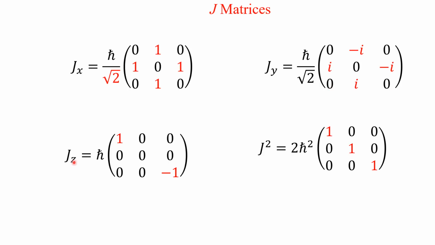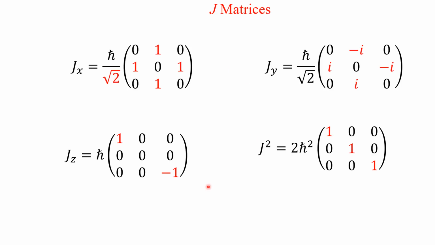Similarly, Jz we have seen is h cross into 1 0 0, 0 0 0, 0 0 minus 1. Similarly, J squared is 2h cross squared, where the diagonal elements are 1 and all other elements are 0. These are the four matrices we have seen for j is equal to 1.